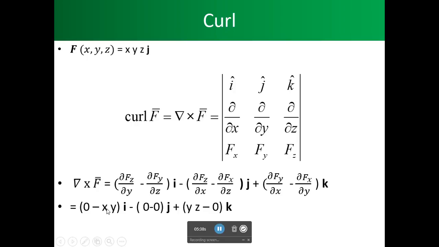So that's a minus. We can look again. We have no f y's here for j. We have one f y here, and we take the component f y and take the partial with respect to x. Take the partial with respect to x, and you're just left with yz, positive yz, in the k direction.